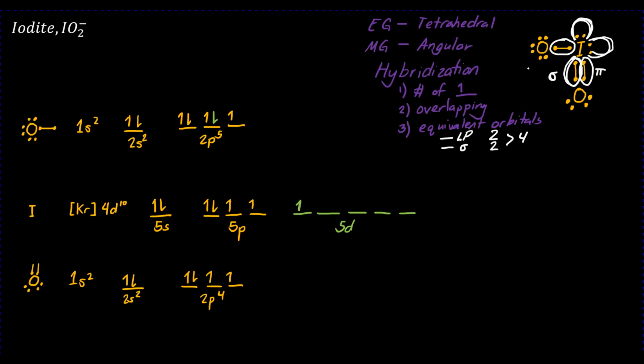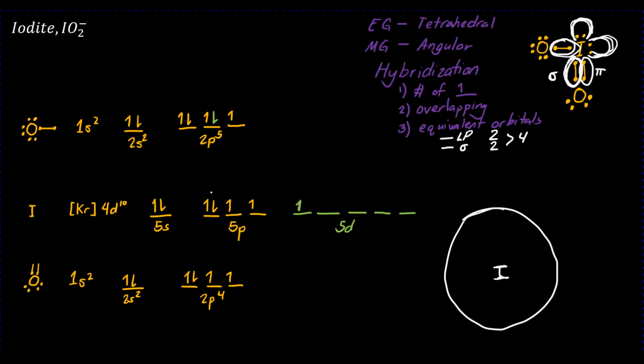Now once again, the number of equivalent orbitals that the central atom will need to prepare will be equal to the number of lone pairs and the number of sigma bonds. So here, if we say that this is just an s orbital, then it will be spherical in shape.